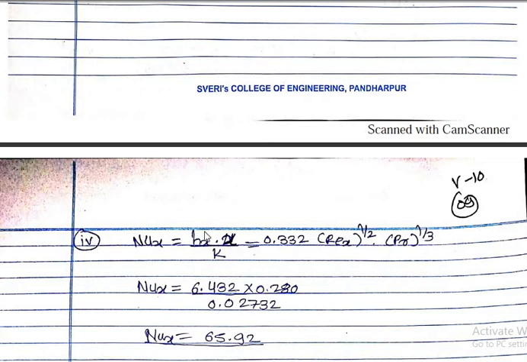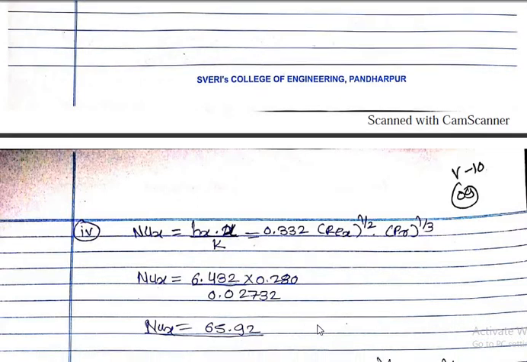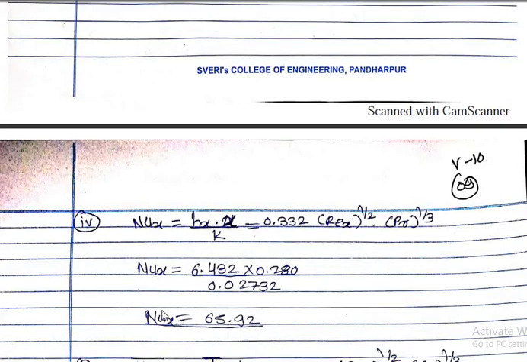We have already calculated the local heat transfer coefficient, so we will use this formula. Nu_x = 6.432 × 0.280 / 0.02732, where 0.280 is the location of the point from the leading edge and 0.02732 is the thermal conductivity. So we get the local Nusselt number Nu_x as 65.92. As it is a dimensionless number, it does not have any dimension.